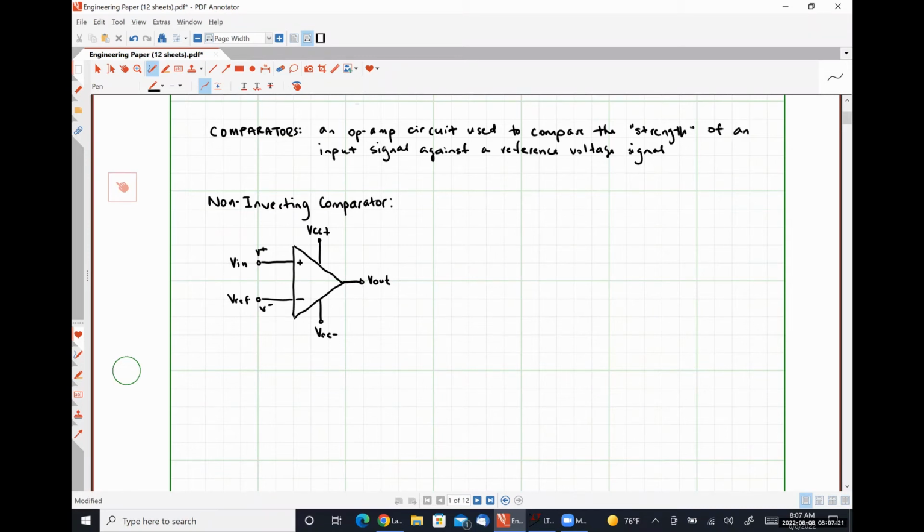So this circuit would have a practical op-amp model representation that looks something like this. I'll draw it over here on the right-hand side. Here's our resistance Rn.